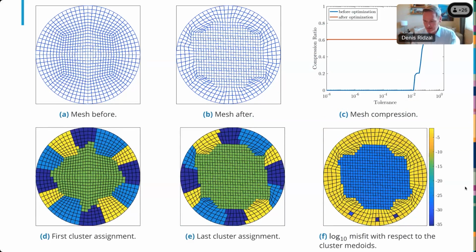Again, if we look at the log 10 misfit, we see this large region with nearly 0 misfits, 10 to minus 25 or better. We also see 3, so we had 4 clusters.